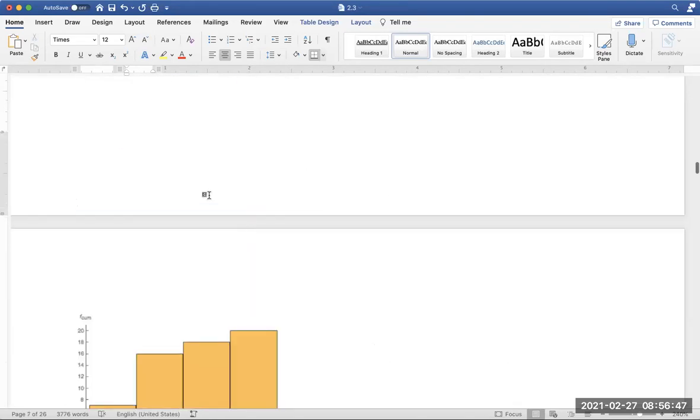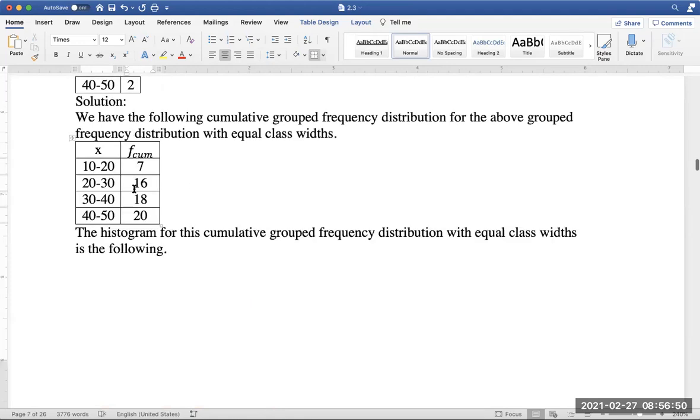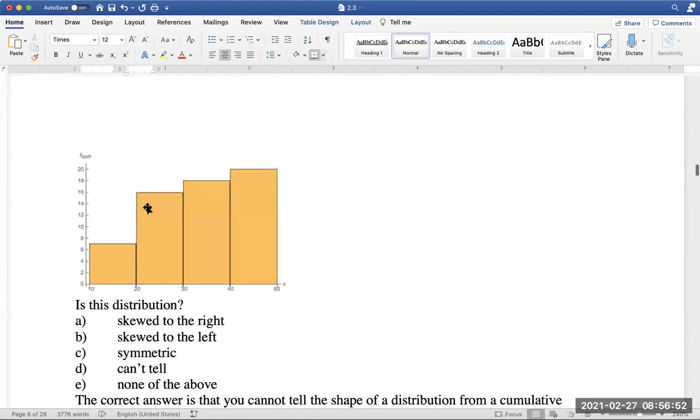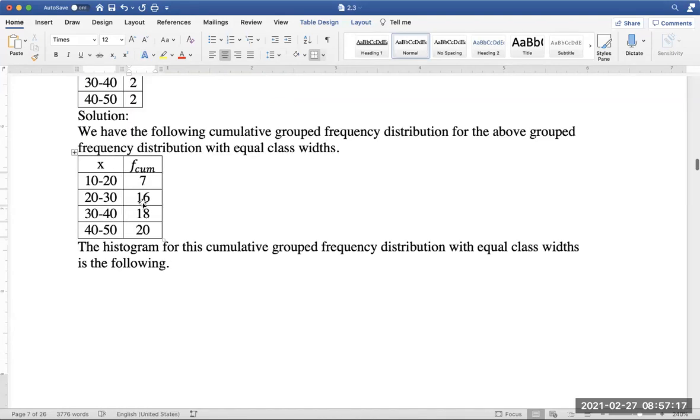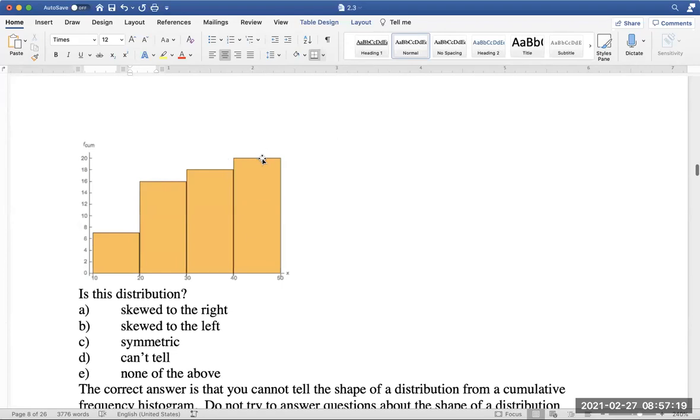All cumulative frequency histograms have the same shape: they start low and then they go high. Because how do you find cumulatives? Well, you keep adding frequencies. So they start low and they go high. So all cumulative frequency histograms have this general shape.